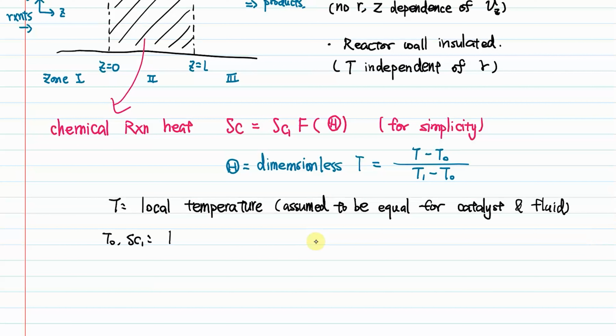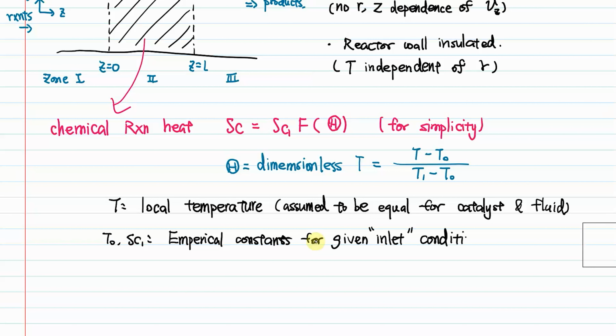These are empirical constants for given inlet conditions. So T0 is the inlet temperature, and T1 is going to be the temperature at negative infinity.